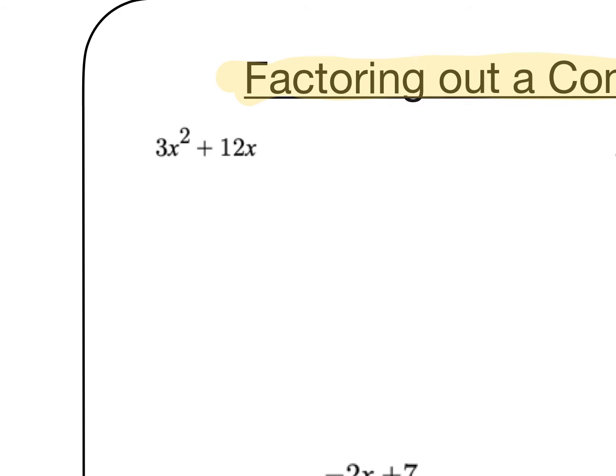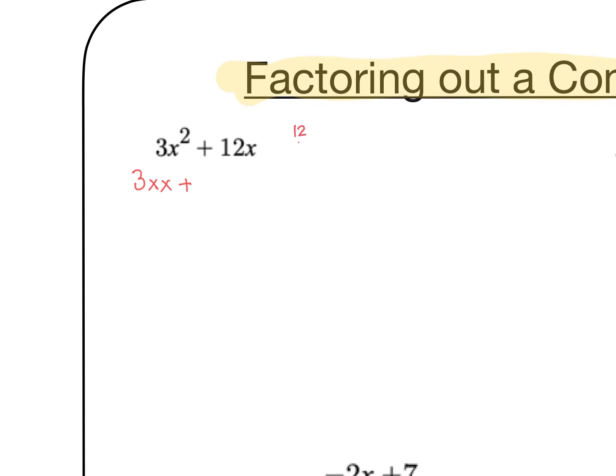The first way that I'm going to show is that we're going to factor each one of the parts of the polynomial. So this 3 is a 3 right here, and x squared is x times x, plus, and now I'm going to factor out the 12.